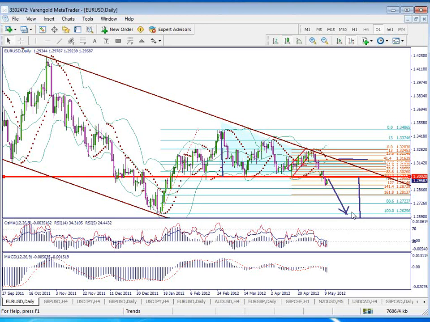This will give me one confirmation that the pair will have the target is 100, but also can be about 88.6. So one of those levels can be the point of return from the fifth wave and the start for correction into the up direction.